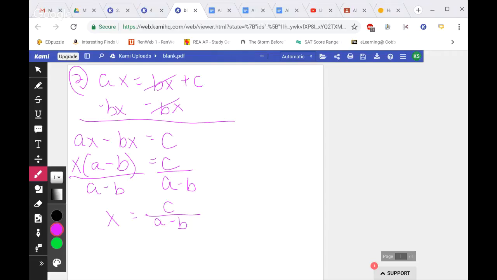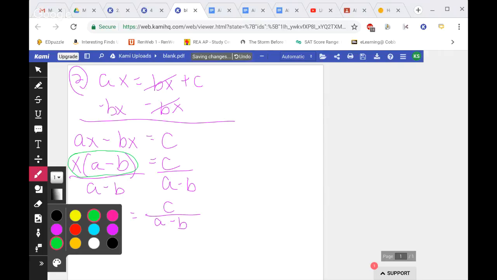Okay, remember the distributive property. If I put this problem on a test and wanted you to distribute that, you would have to distribute that X to both the A and the negative B, wouldn't you? Yeah. Okay, so working that in reverse is what I've done.